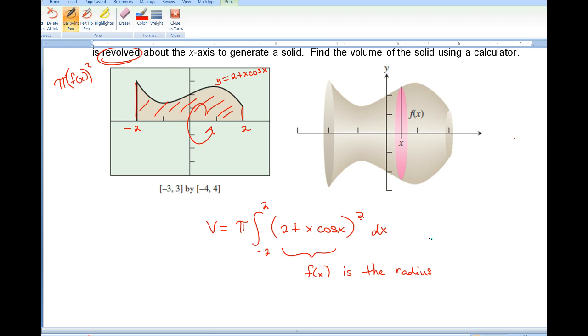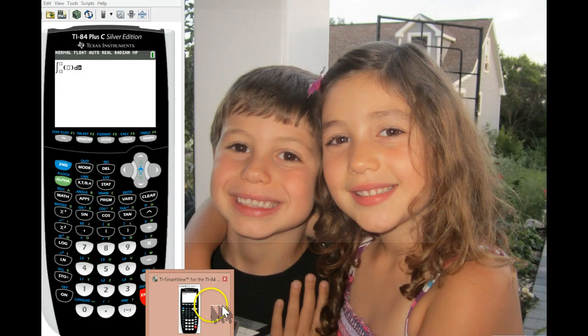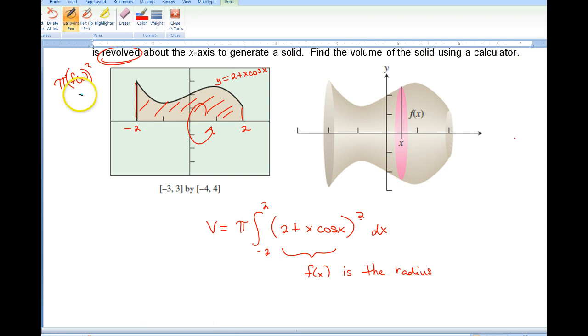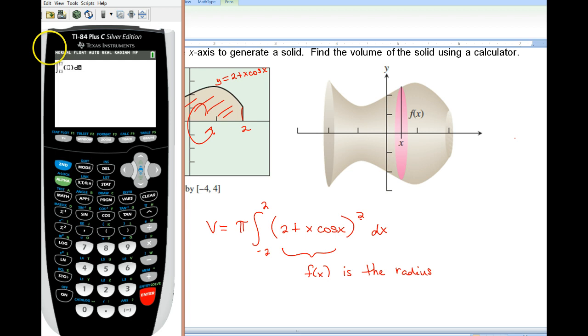Okay, so go to math 9. Pi r squared. Now I'll put my pi in later. Do math 9. Do negative 2 to 2. Is it okay to put the square?